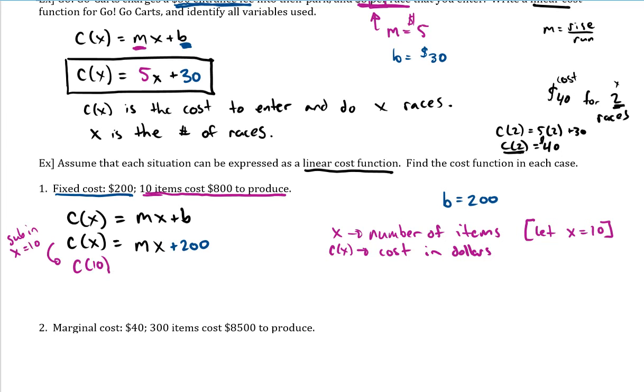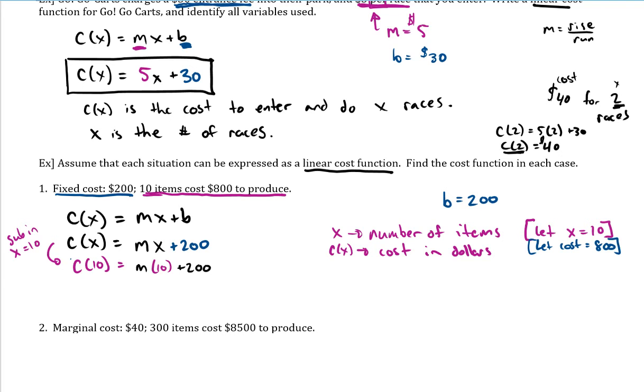So we have C of 10 equals, and again, we don't know what this m is. That's okay. But we can change the X into 10. And then we still have the plus 200. And then when we let X equal 10, we're also going to let the cost equal 800 in this same thing.